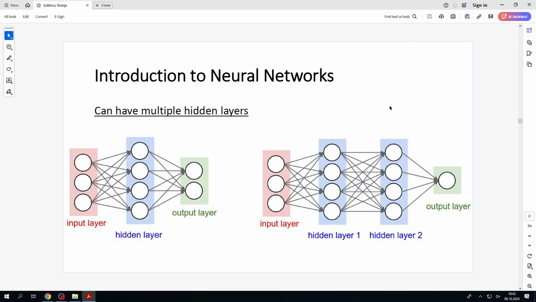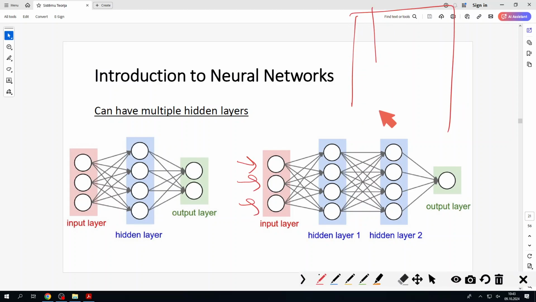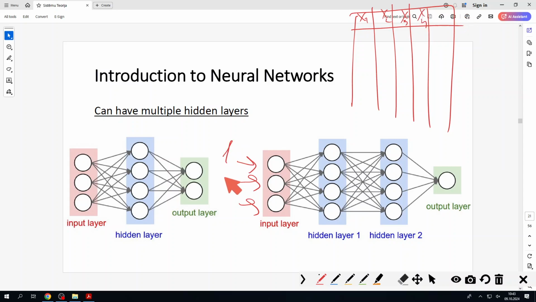So the problem itself dictates only two factors. The first one is how many inputs you have. This depends completely on your data set: how many columns you have, x1, x2, x3, x4. Also do not forget that you need an extra bias.